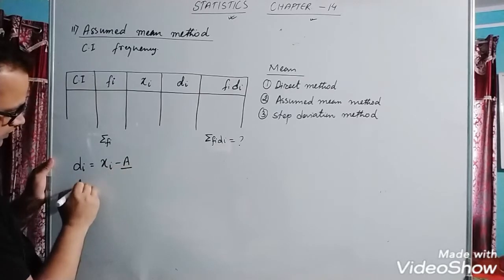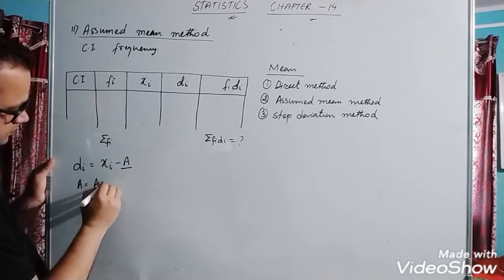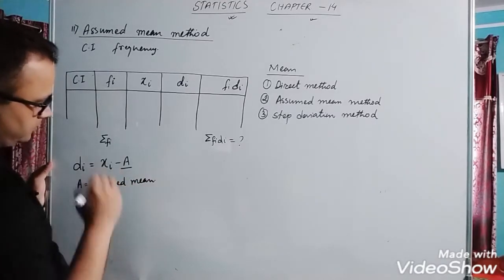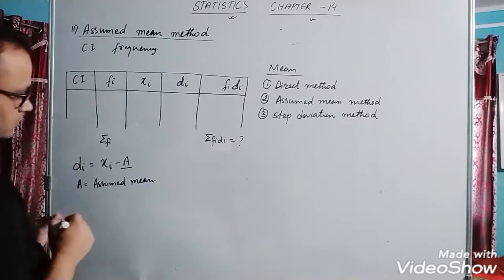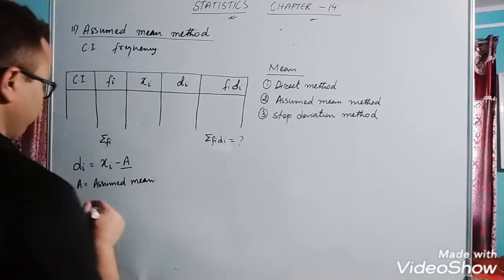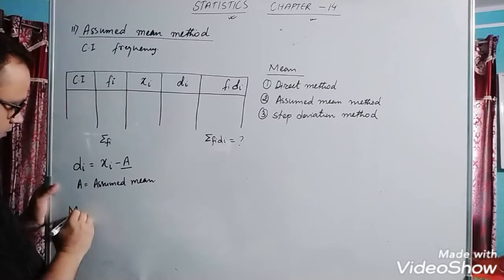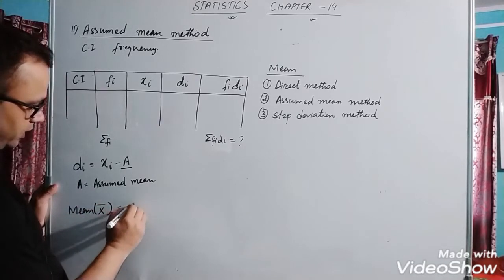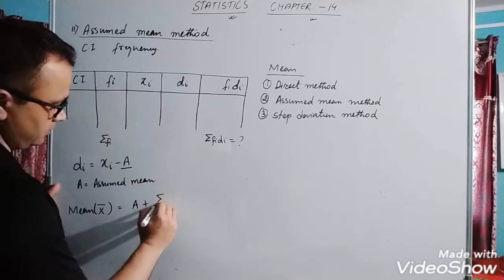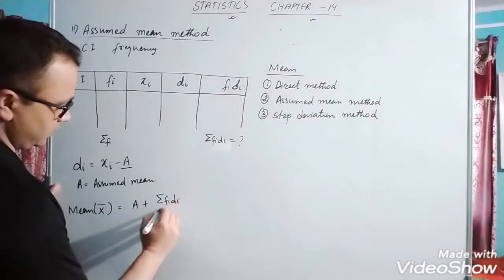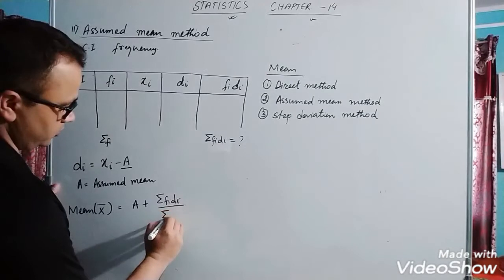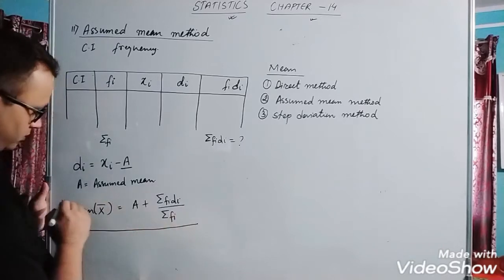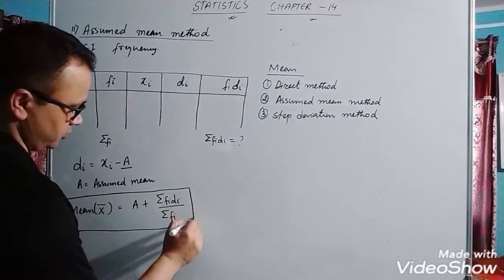A is the assumed mean. Now the formula for the assumed mean method: mean x bar equals a plus summation fi di divided by summation fi. This is the formula of mean by the assumed mean method.